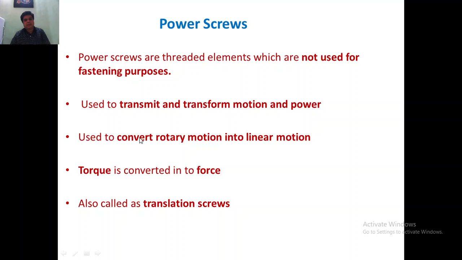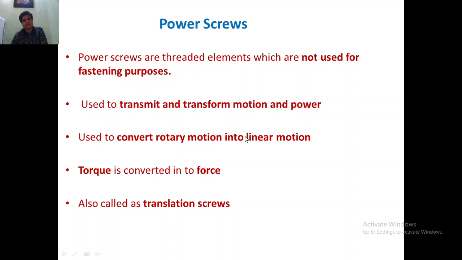Using these screws, the helical pattern is used to convert rotary motion into linear motion. You might have seen in automobile screw jacks, when you apply the load in rotary motion, the screw will move in the linear direction.